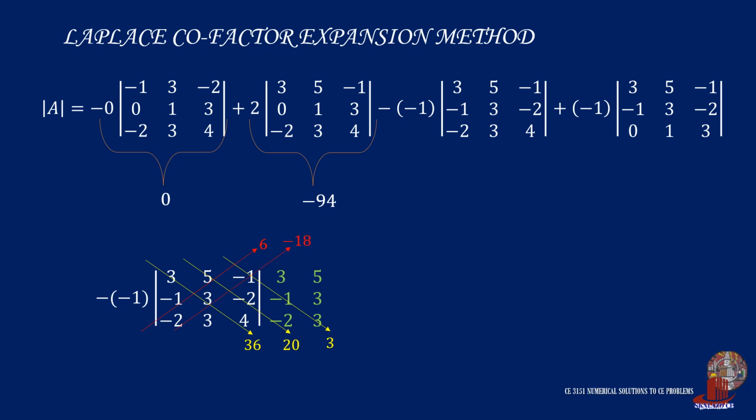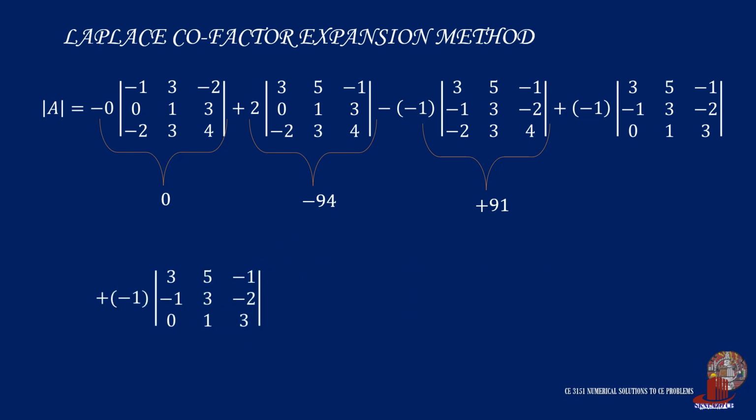The second anti-diagonal contains 3 times negative 2 times 3, giving negative 18. Then last is 4 times negative 1 times 5, which is negative 20. Simplify all the products as 36 plus 20 plus 3 minus 6 minus 18 minus 20, which is 91. Then 1 times 91 is 91. This is the third term.